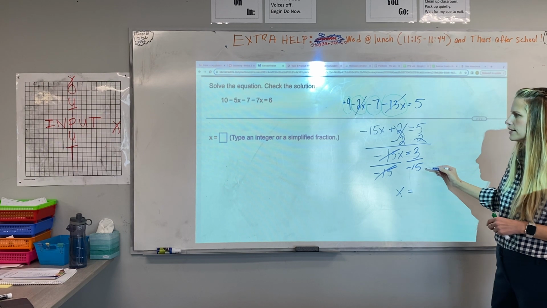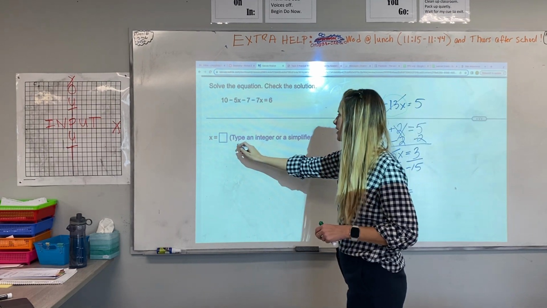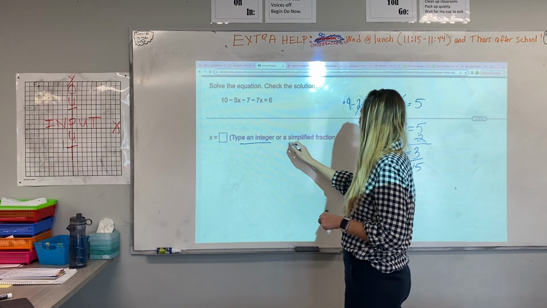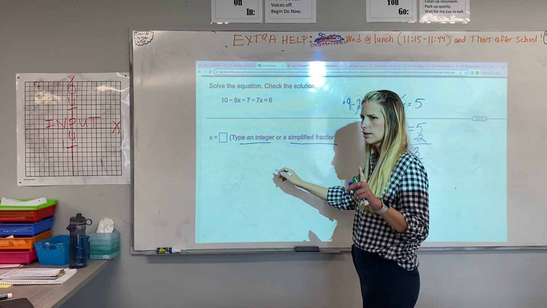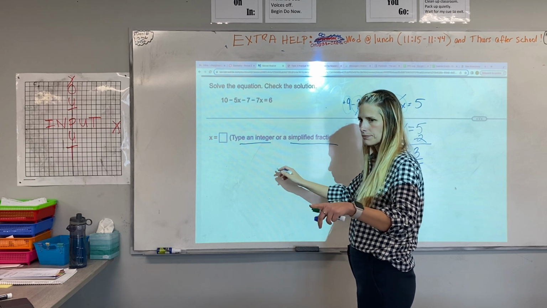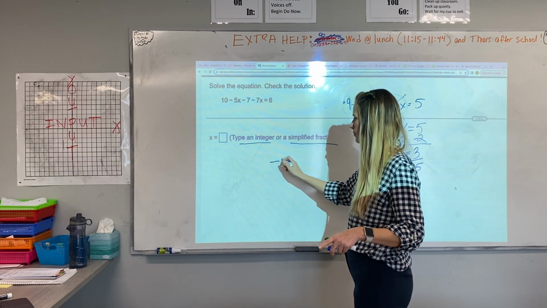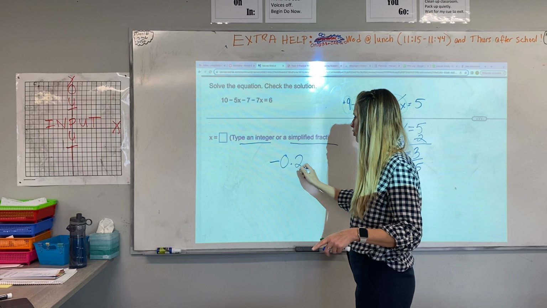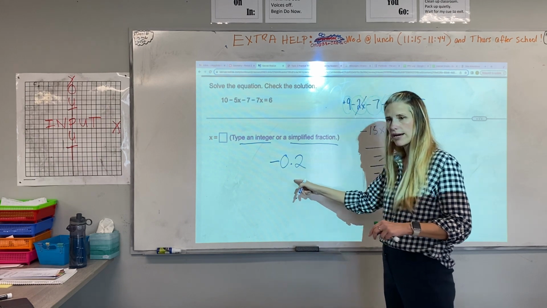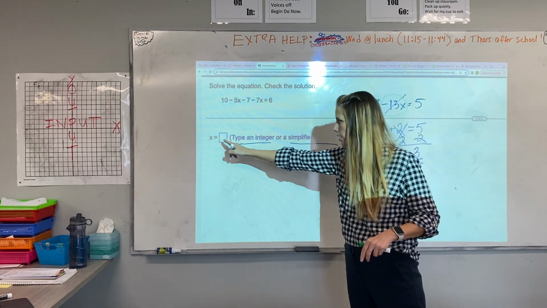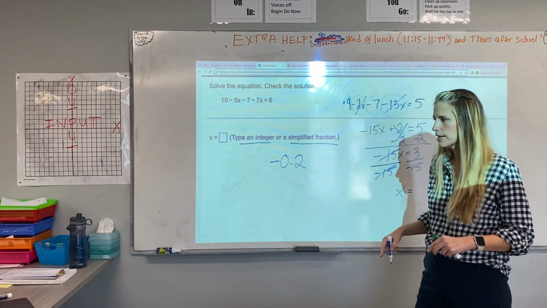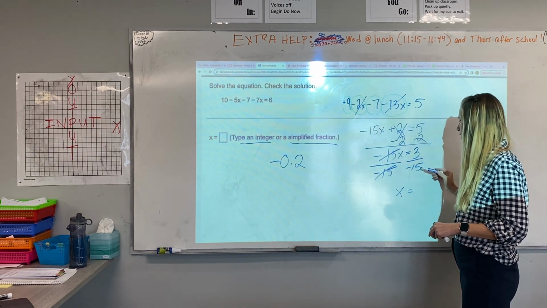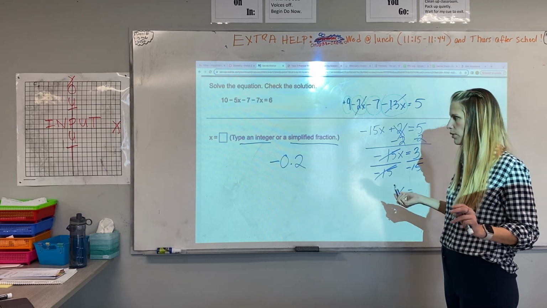Okay. And it says type an integer or a simplified fraction. What did you get in the calculator? Negative 0.2. This is a correct value, but if you put it in here, it doesn't follow these rules, so it will mark you wrong, even though dividing 3 by negative 15 will give you a negative 0.2.